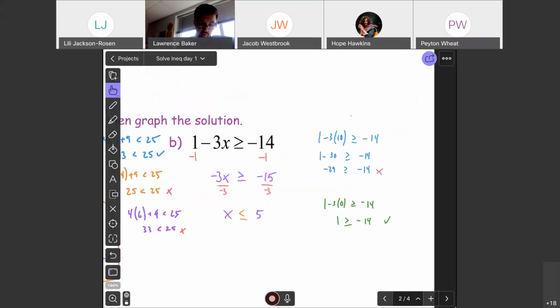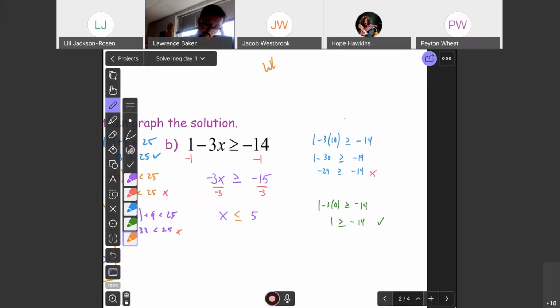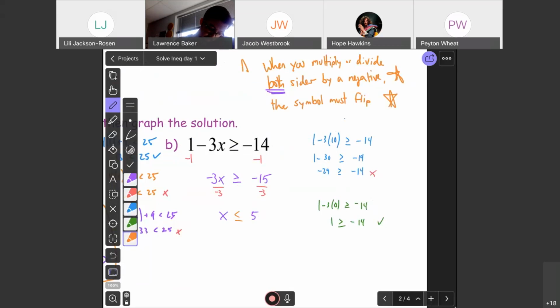This is by far the most common forgot thing with inequalities. Okay, you can see all the stars I'm putting by this? Understand what I'm trying to get at here?